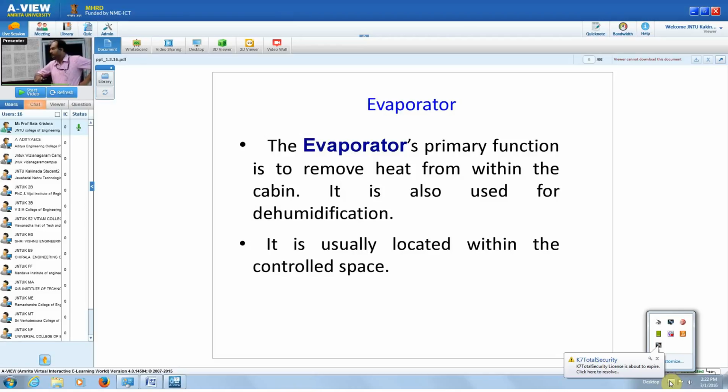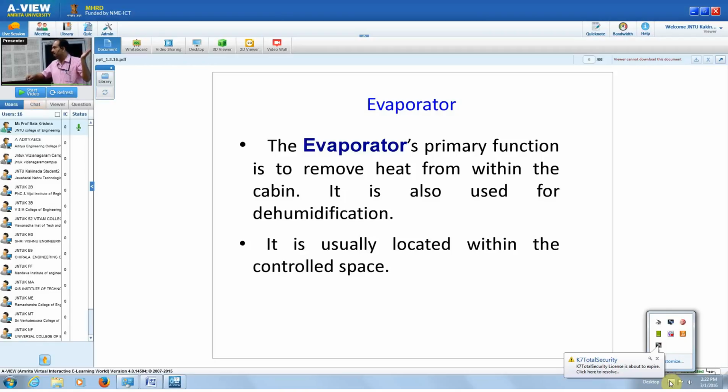Then next, the evaporator. The evaporator's primary function is to remove heat from within the cabin. It is also used for dehumidification. It is usually located within the controlled space. Right? Suppose you see this is the outside; on the inner side there may be evaporator coils.